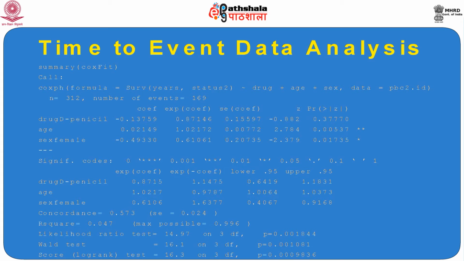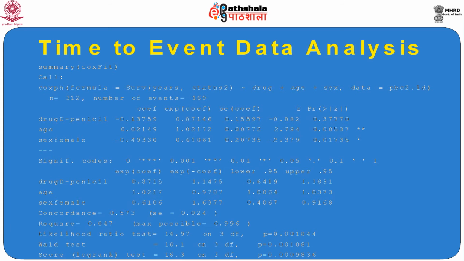So here the factor of drug, that is, the treatment given to those patients, either placebo or intervention, is considered, and again the age of those patients and the sex of those patients are considered. So we have seen how the coefficient values change.